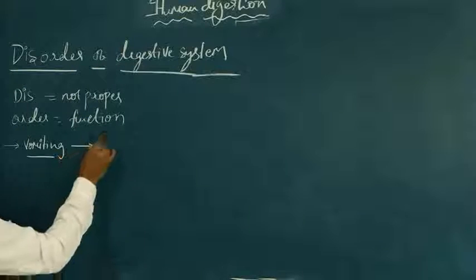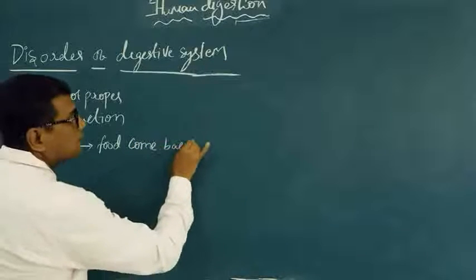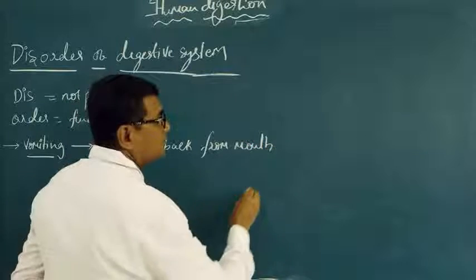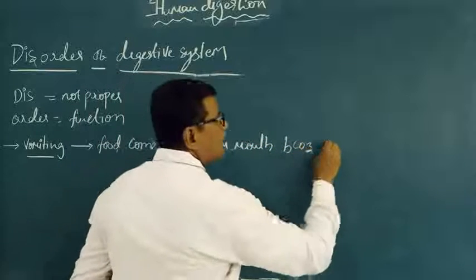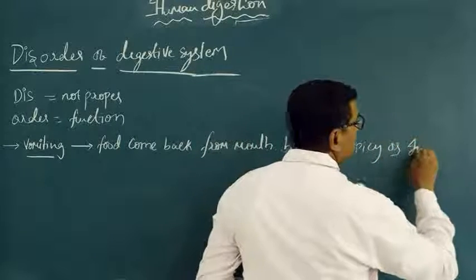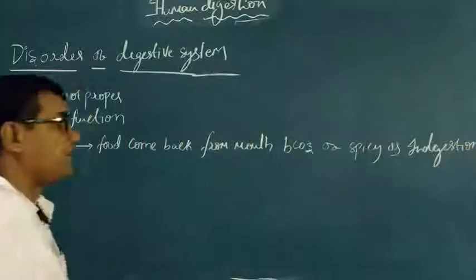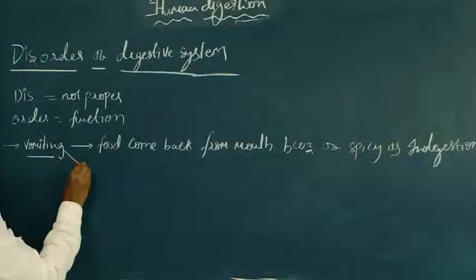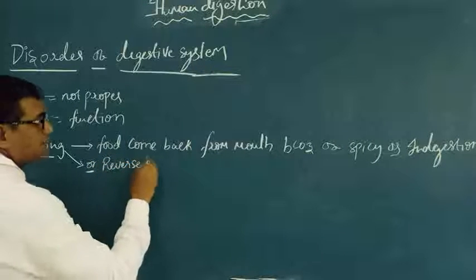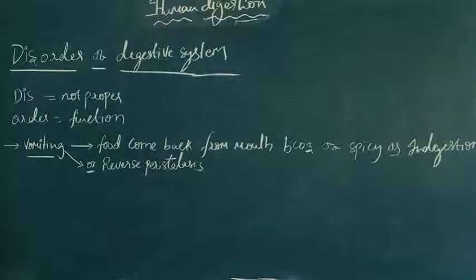So the vomiting, food coming back from the mouth because of spicy food or indigestion, is called vomiting. The other name of vomiting is reverse peristalsis.